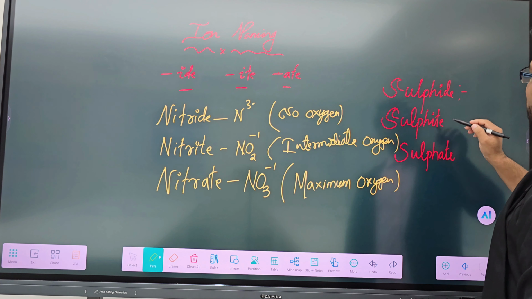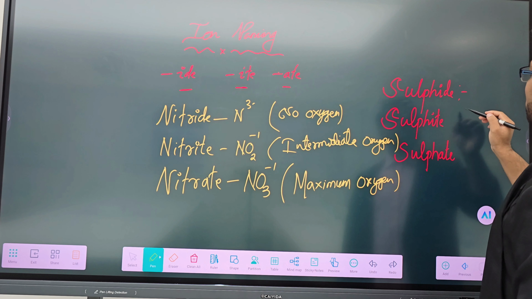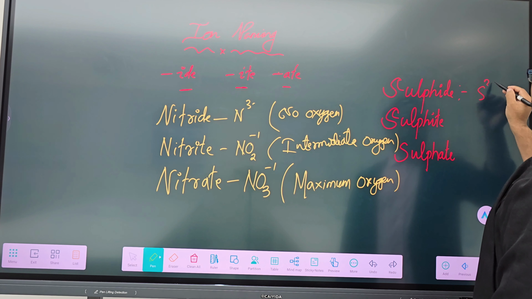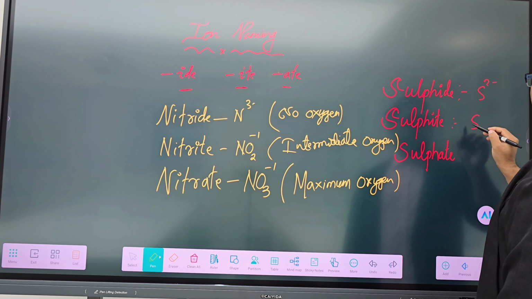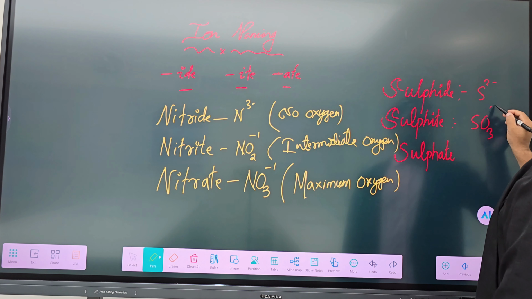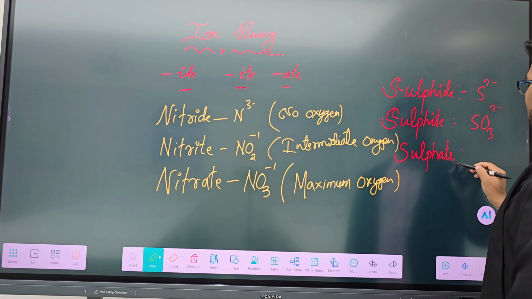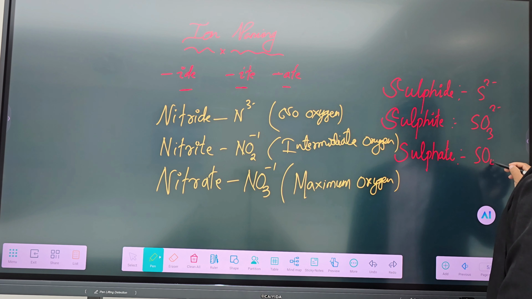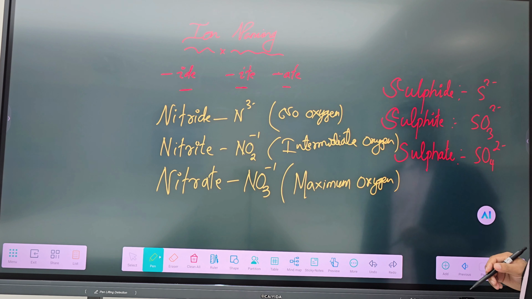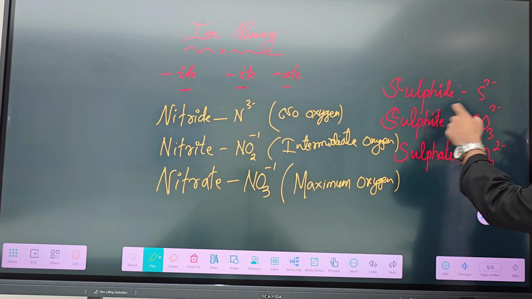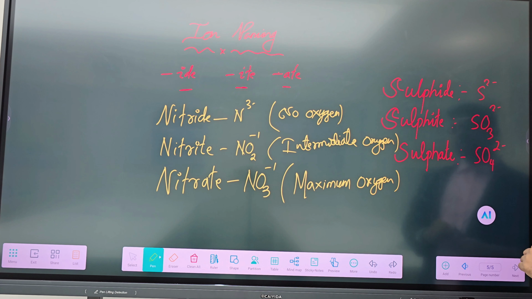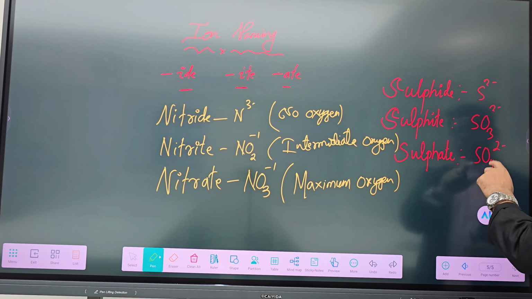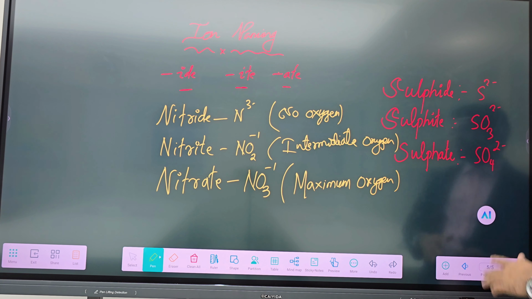What is the formula? Sulfide formula will be S2 minus, and for sulfite SO3 2 minus. Okay, sulfate SO4 2 minus. So here there is no oxygen, SO3 has intermediate oxygen, and in SO4 2 minus sulfate, there is maximum oxygen.